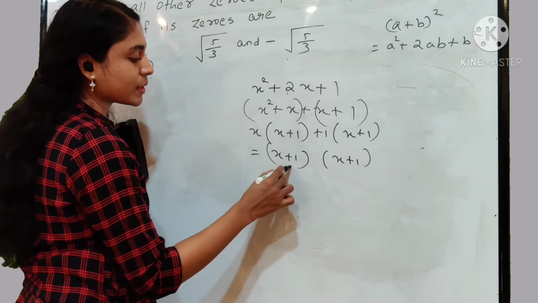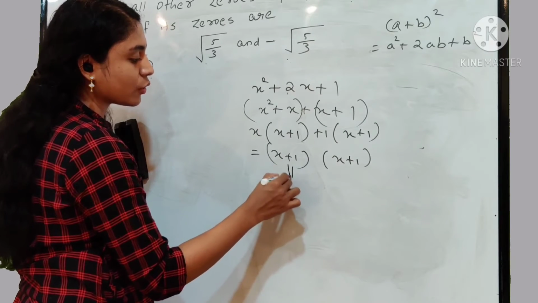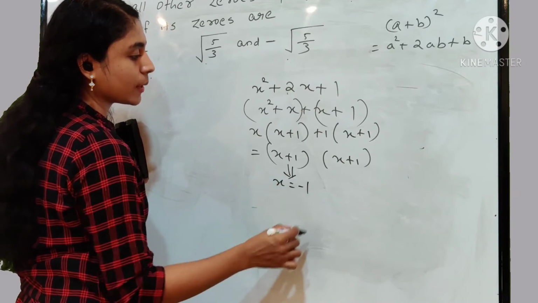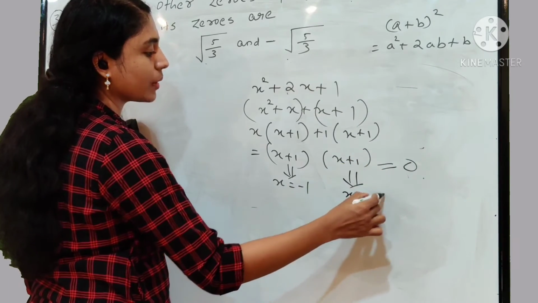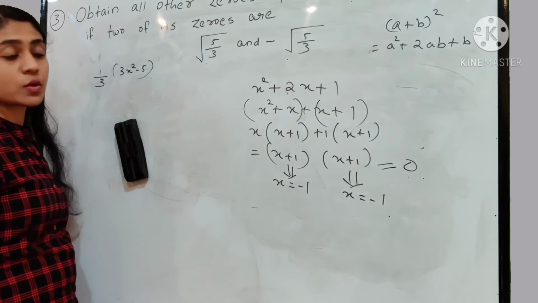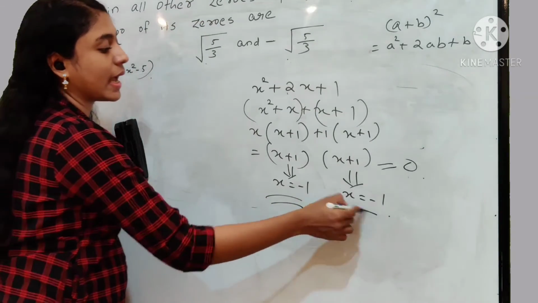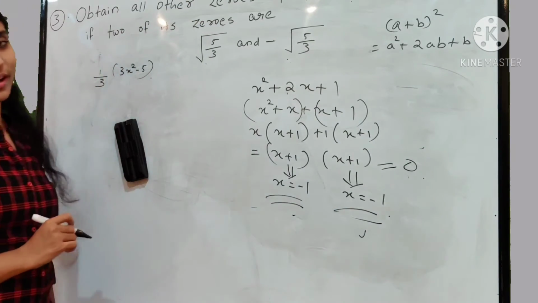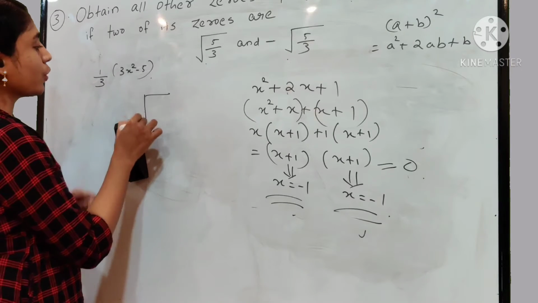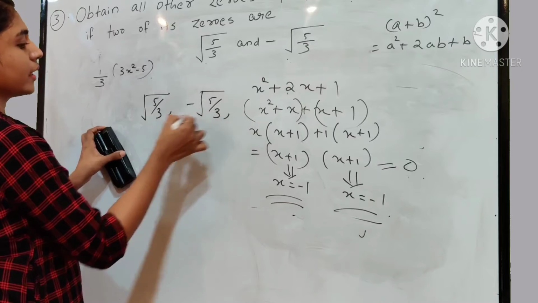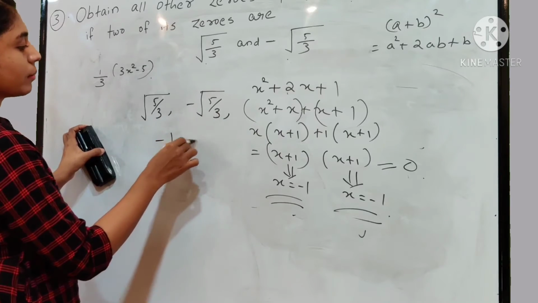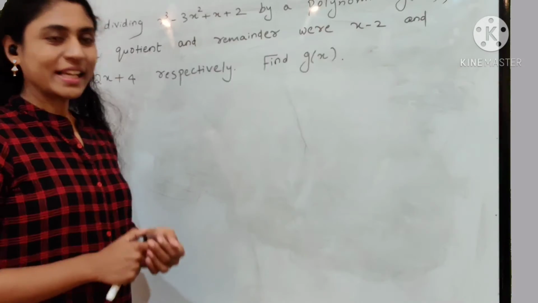Here x plus 1 equal to 0 implies x equal to minus 1, twice. So its other zeros are x equal to minus 1 and x equal to minus 1. So its zeros are root of 5 by 3, minus root of 5 by 3, then minus 1, minus 1. Moving on to the next question.